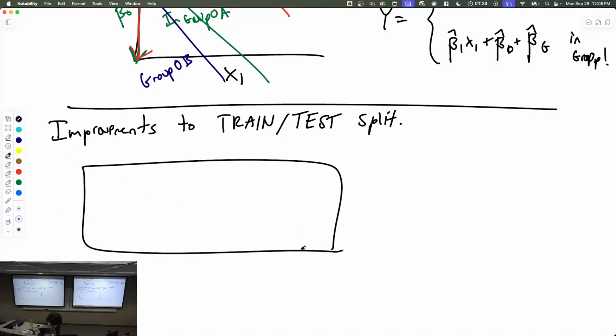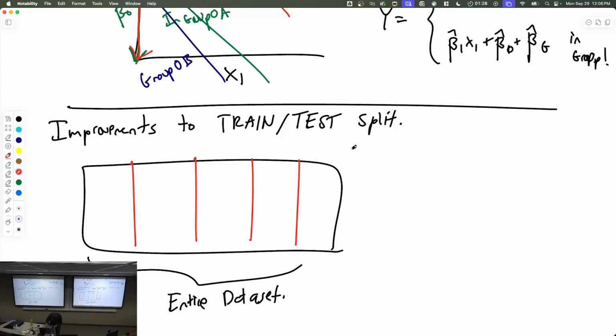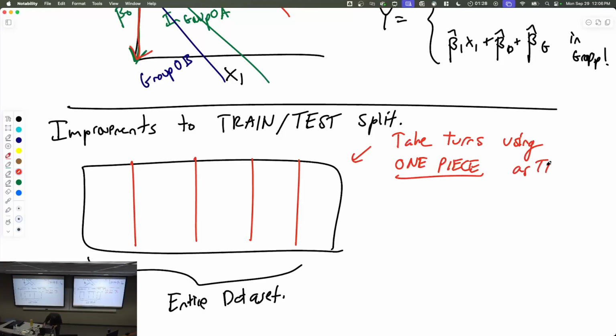Here is your entire data set, and we split it into some number of pieces, very commonly 5 pieces. What would that look like? Like this. And then we say, take turns using one piece as test and the other pieces as train.